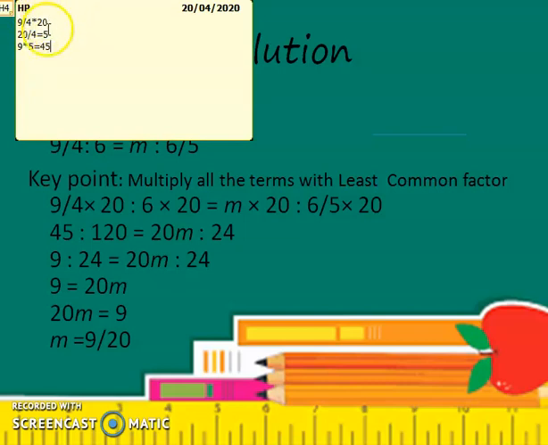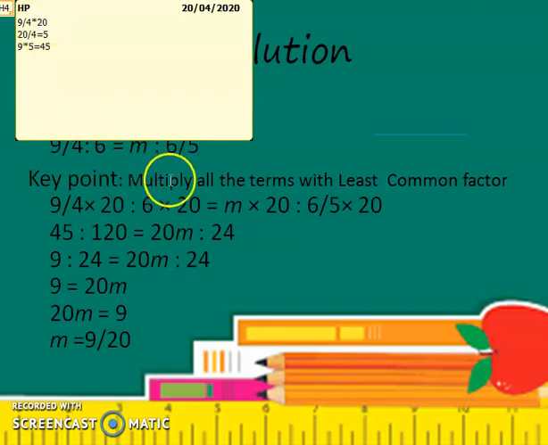Here 20 divided by 4 gives me the whole number 5. So I am left with 5 in place of 20 divided by 4, and this 5 has to be multiplied with the numerator that is already given. 5 multiplied by 9 is 45.